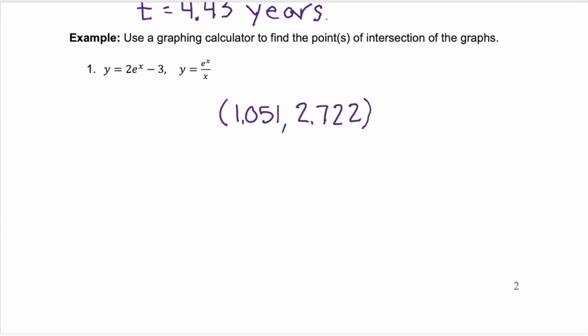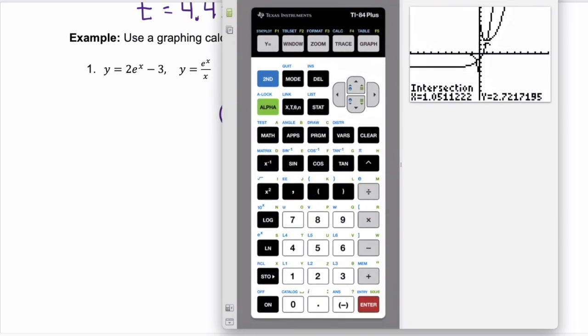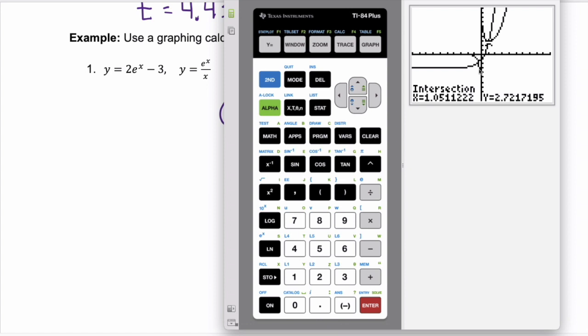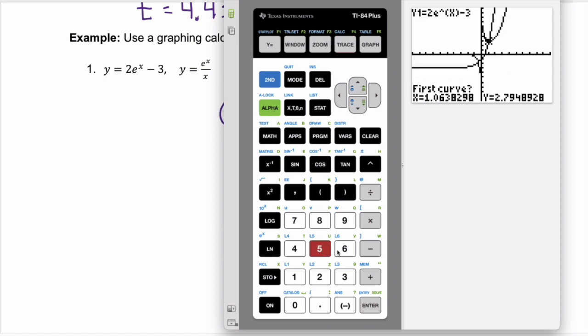2.722. But if we go back to that graph, notice that we have another intersection here on the left. So what we need to do is we need to arrow over and do that second trace again, 5 for the intersection. We need to move our point down the curve so that it's to the left of that other intersection point.